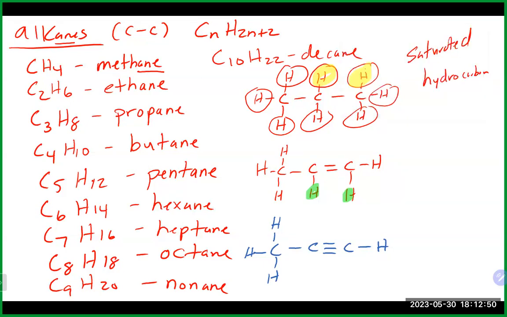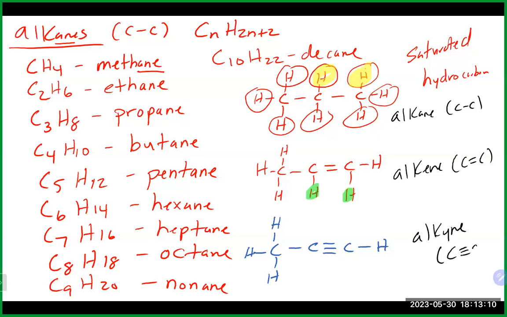By making these double bonds and triple bonds, we had an alkane up here, which has our single bond. This one is now an alkene, -ene, which has our double bond. And this one down here is now an alkyne because it has a triple bond.